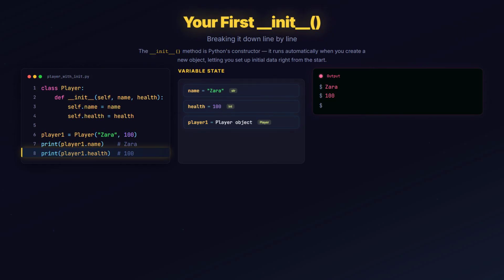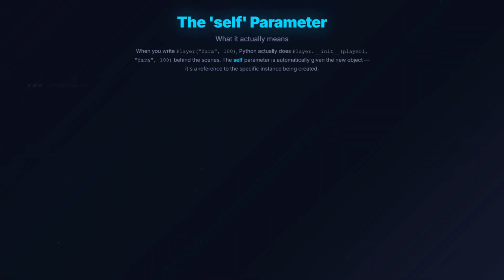Finally, the configured object is assigned to player1. The magic is that each instance keeps its own data. Player1 has Zara and 100 health, while player2 has Kai and 80 health. They are completely separate.